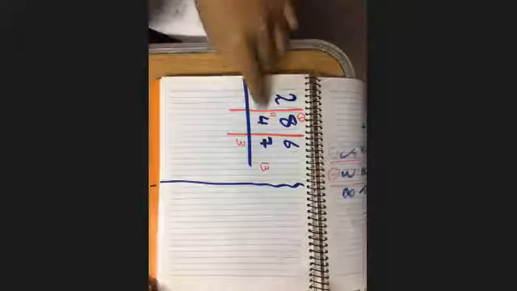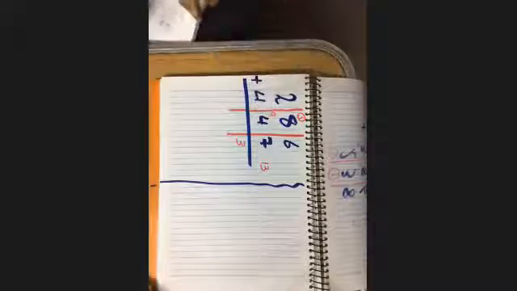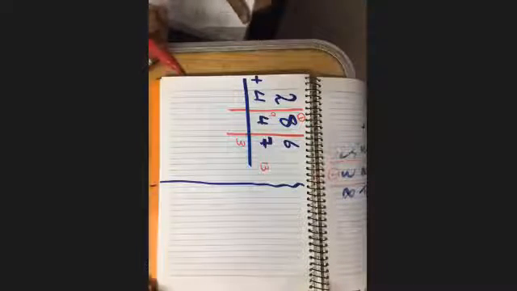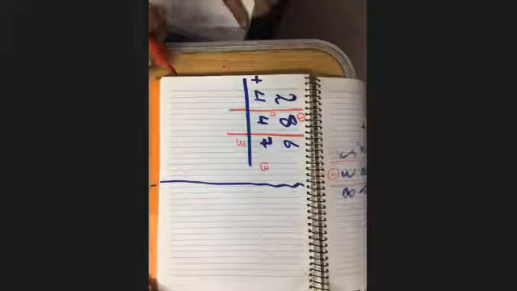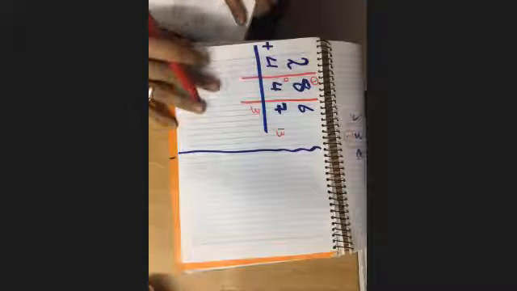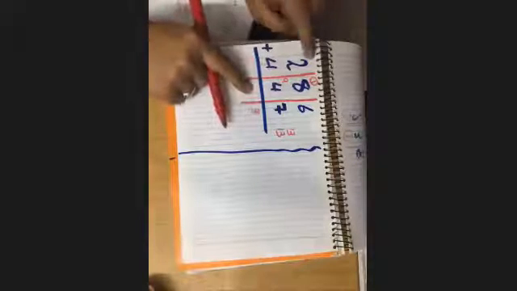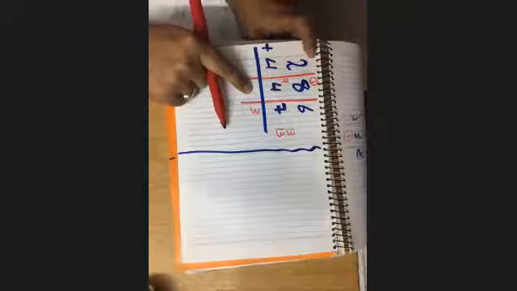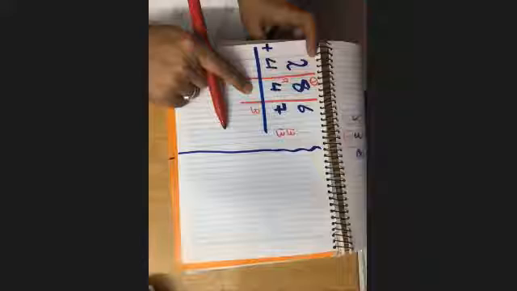Now we need to add 9 and 4. 9 and 4 equals 13. Which number do we write here and which number do we write over the 2?